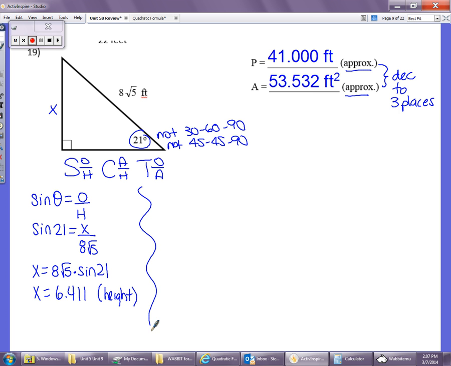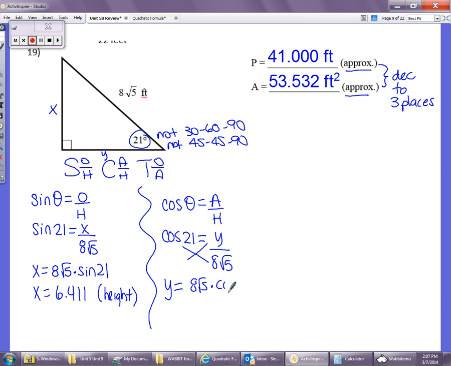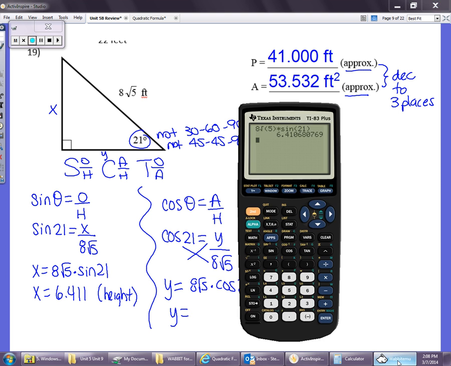Now for your base, it winds up being cosine. So again, write your formula. I know this is a lot to write, but the more you write, the more points you're going to get. Okay, so cosine of 21 equals adjacent over hypotenuse, cross multiply, and you will put the same thing into your calculator like I just did.